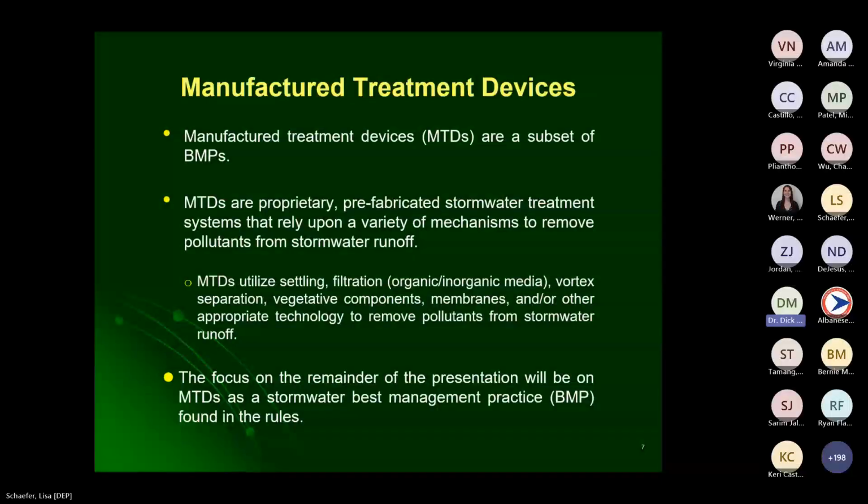These mechanisms can involve settling, filtration, both organic and inorganic media, vortex separation, vegetative components, membranes, and/or any other appropriate technology that will remove pollutants from stormwater runoff. And this will then be the focus of the remainder of the presentation, MTDs as the stormwater best management practice found in the rules.